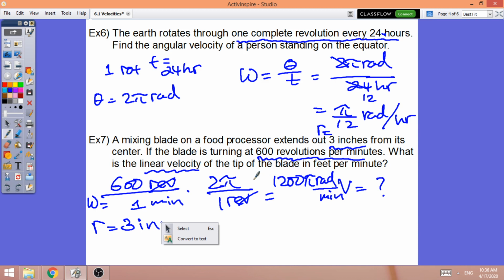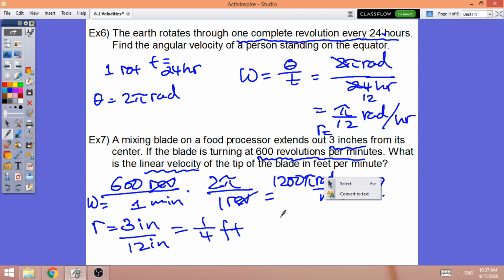Now, in order to find the linear velocity in feet per minute, we need to convert those inches to feet. So we do know that 1 foot is 12 inches. So that means we need to divide that radius by 12, because we need to convert that to feet. So which is 1/4 feet.